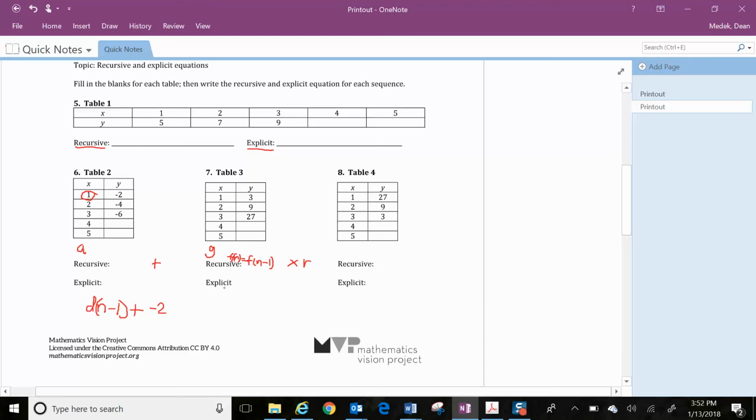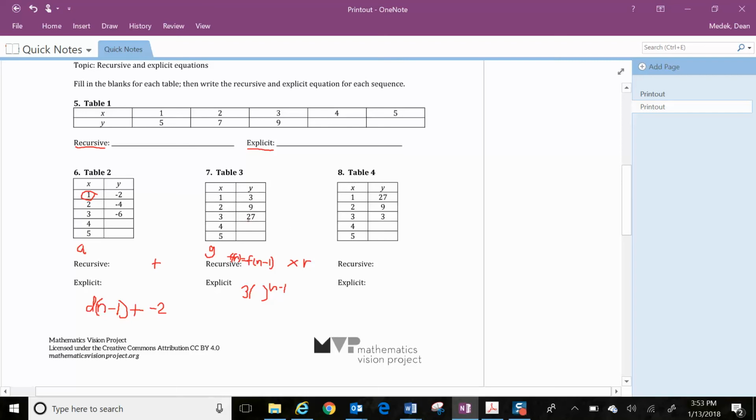Hopefully you can write it neater than that. The explicit, remember, you start with that first term, which in this case is 3. Then you multiply it, and we'll put it in parentheses, by whatever r is. You can figure out what r is here, to the n minus 1, and you're done.